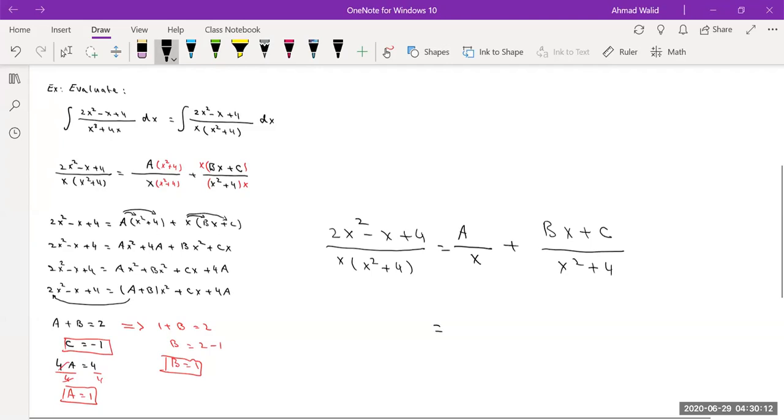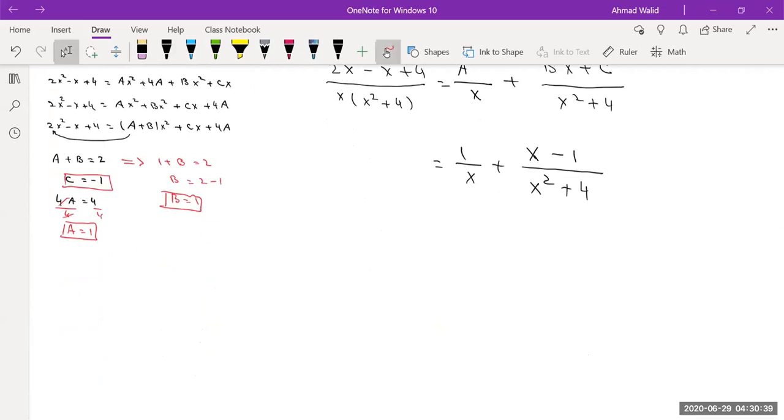That means, how much is a? Your a is 1. It will be 1 over x plus b. How much is b? Your b is 1. x plus c. How much is c? Negative 1. That means x minus 1 over x squared plus 4. Now, next step, we will take the integral of this.